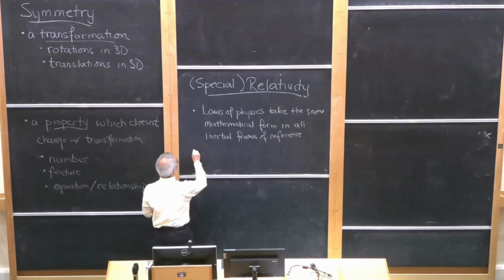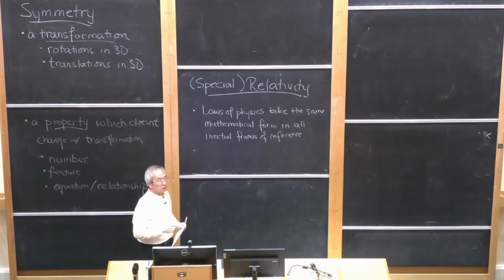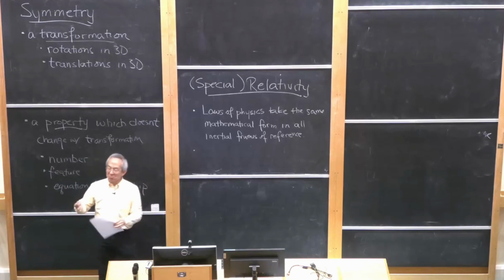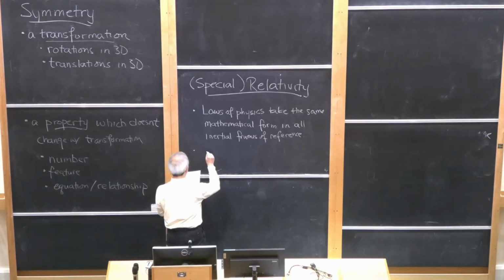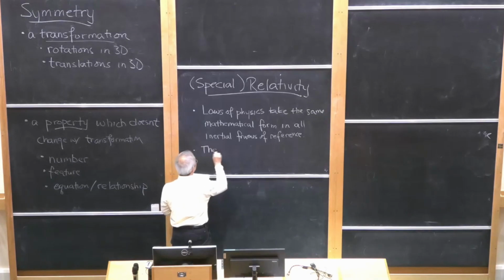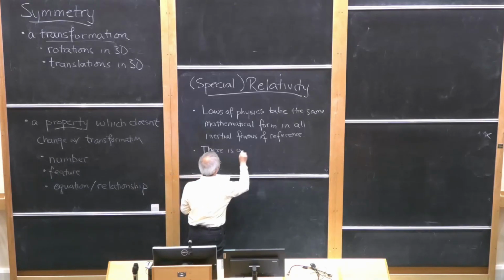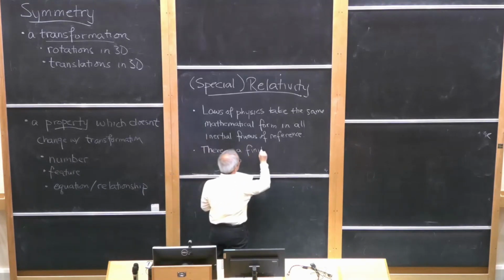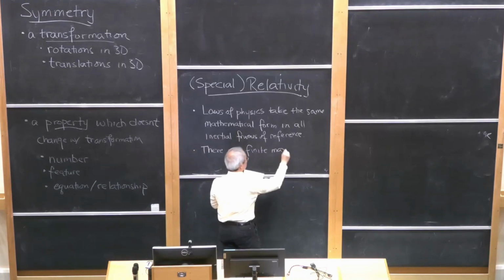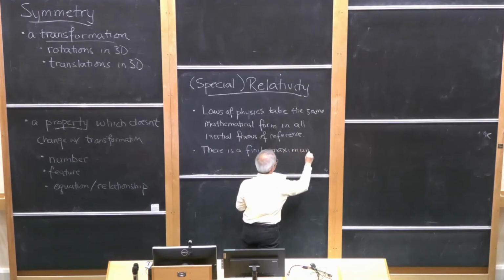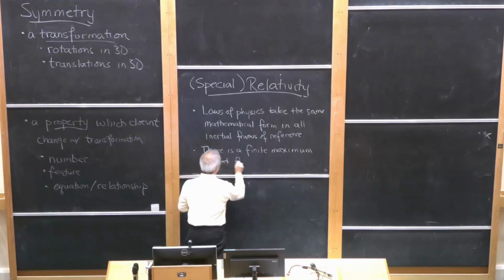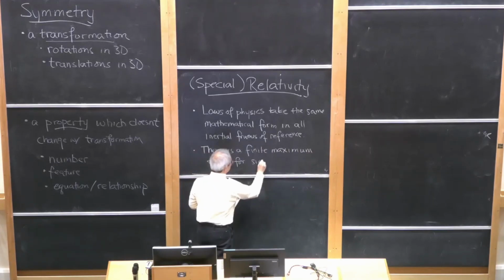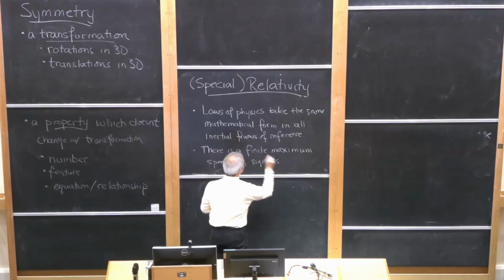The second one is oftentimes called the light speed postulate. So sometimes you will see this as, speed of light is constant in any frame. There's a somewhat more generic way of saying this. There is a finite maximum speed for what we will generically call signals.